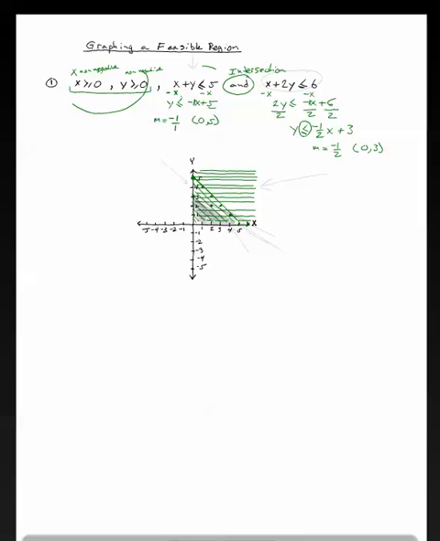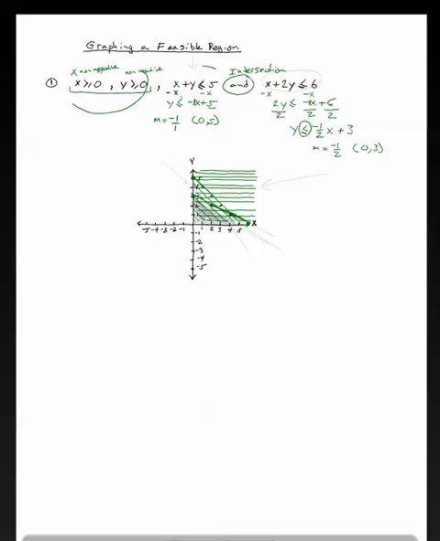And sometimes you can wind up losing your dots, so let's make sure that our dots are really well drawn. Okay. And now to shade it, it says y is less than or equal to. So we want to shade below that line.